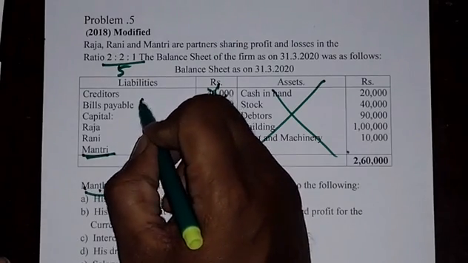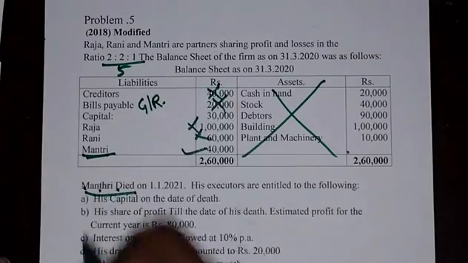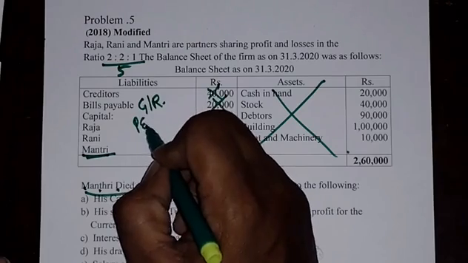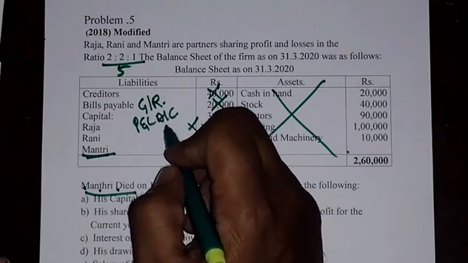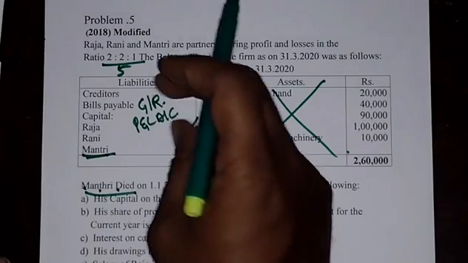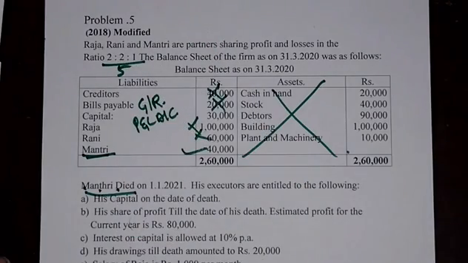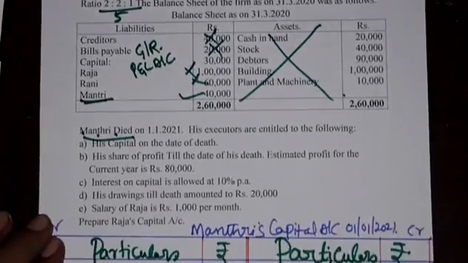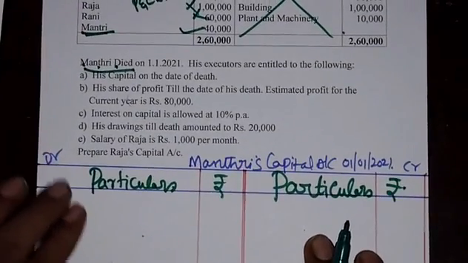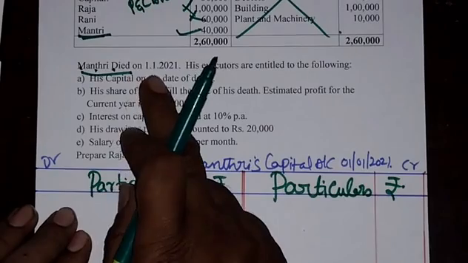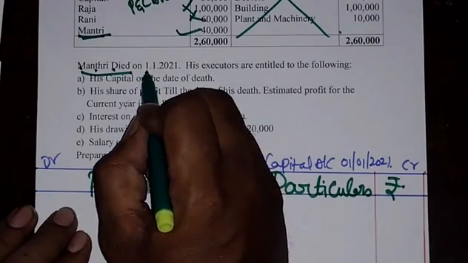Sometimes we require, if it is given in a problem, general reserve and profit and loss account, but this problem does not provide it. If it is provided, we will take it into credit side of the capital account. Next, coming to information. Mantri died on 1/1/2012.